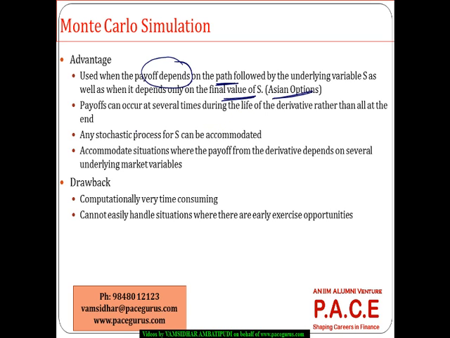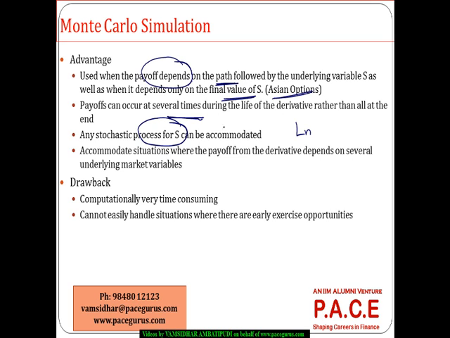And even if the payoff can occur at several times during the life of the option rather than at the end, because I have the whole path with me, I can use Monte Carlo simulation to simulate that outcome. And here I really don't need to bother about a log normal distribution or anything else. Any distribution, any kind of movement in the process can be understood here.